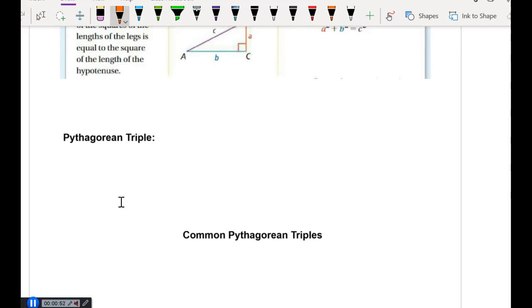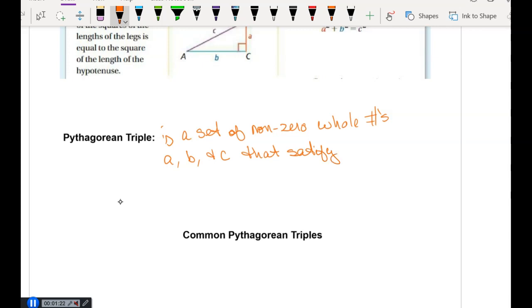So the Pythagorean triple, it's a set of non-zero whole numbers A, B, and C that satisfy the equation a squared plus b squared is equal to c squared.